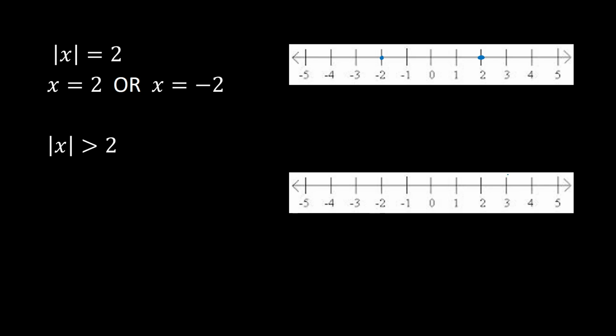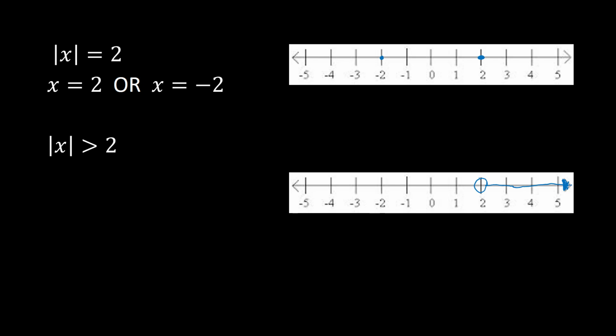Well, anything past 2 over to the right, so 2.1, 3, 4, 5, etc., all the way over onto infinity to the right. And by the way, where does it start? It's a greater than sign, meaning it cannot equal 2. So it can get very close to 2, but it's never going to actually reach 2. So we need to put an open circle around 2 to show that we're not shading in 2, because 2 is not an answer, but we can get very close to 2.